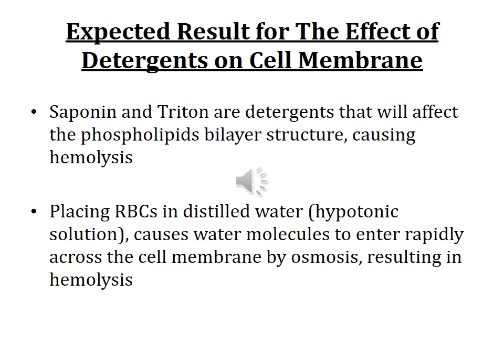This causes water molecules to enter very quickly across the cell membrane by osmosis. Water will rush inside and cause lysis of the cell. It will cause the membrane to rupture, and hemoglobin will be released. So a hypotonic environment is not good for the cell.